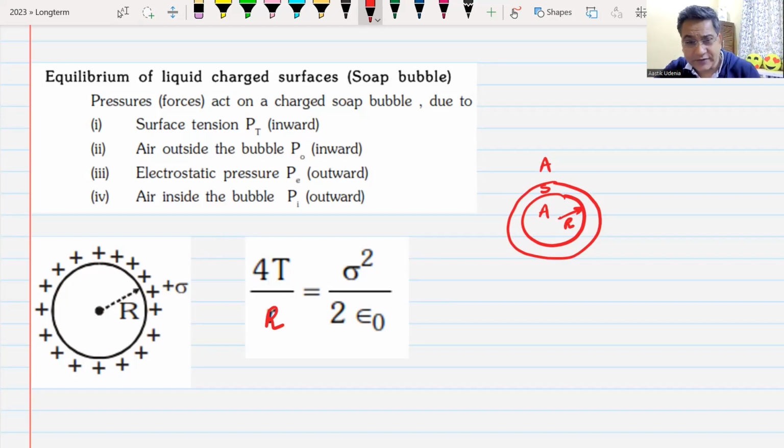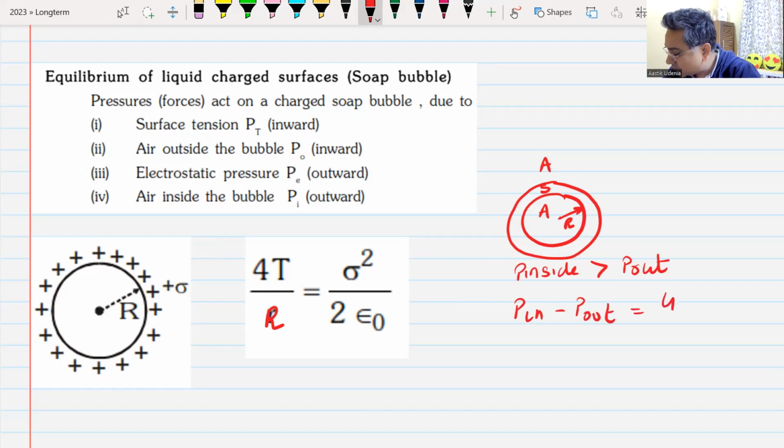Now, there is a difference in pressure between the inside surface and the outside surface. Pressure inside the soap bubble is always greater than the pressure outside, and P in minus P out is always equal to 4T by R, where T is the surface tension and R is the radius of the bubble.